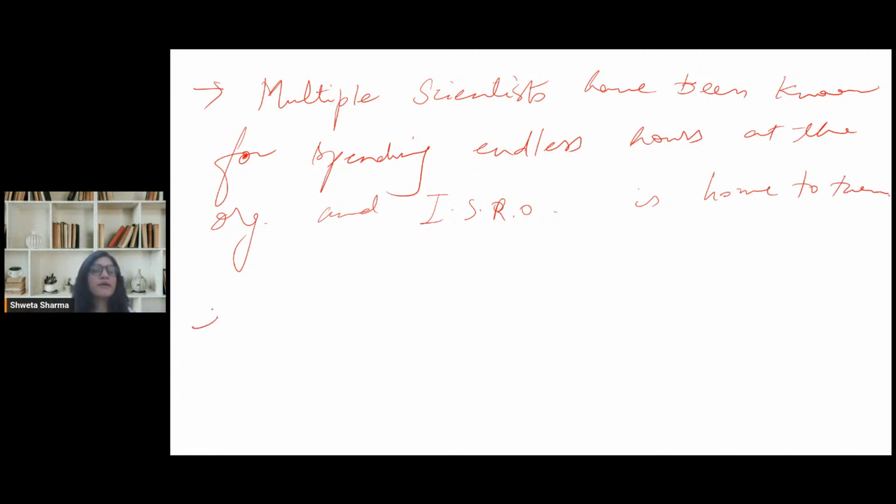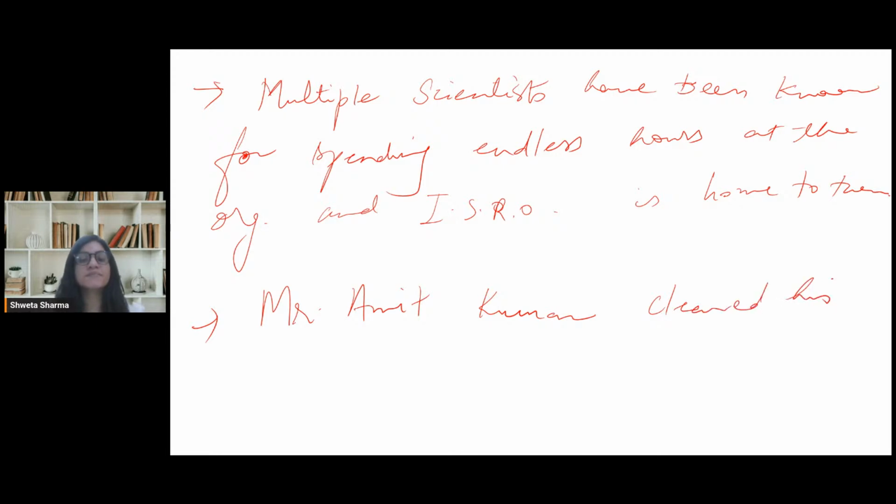And then there is a sentence which talks about Mr. Amit Kumar cleared his ISRO scientist exam, say, 5 years ago.